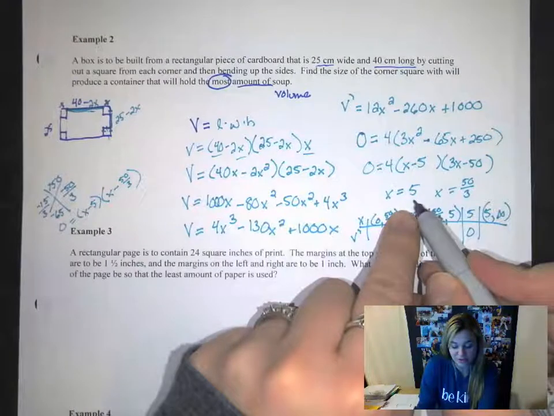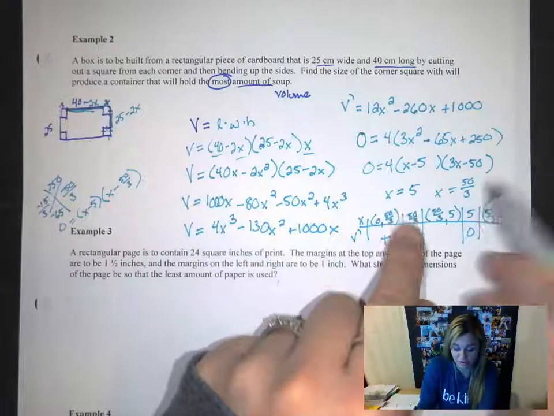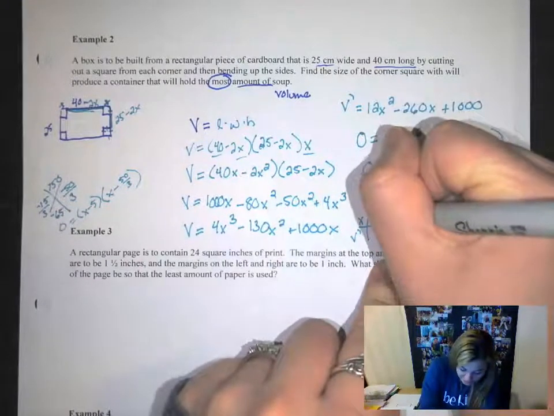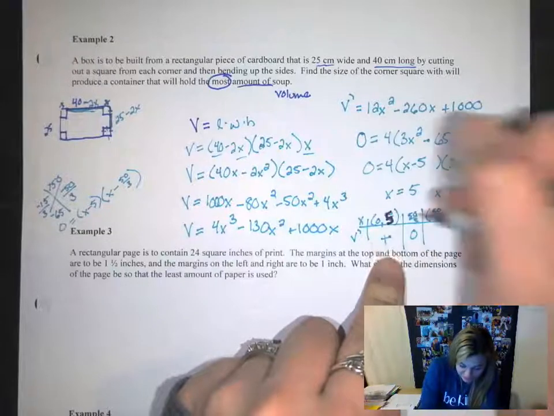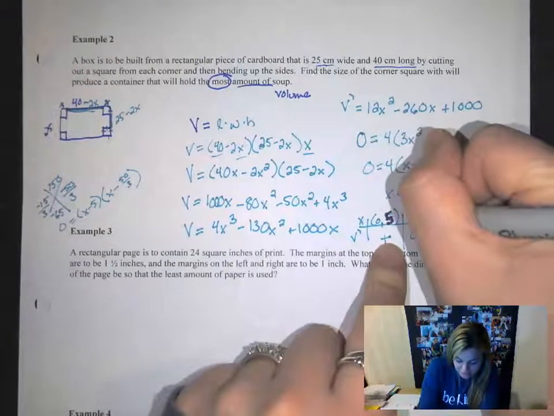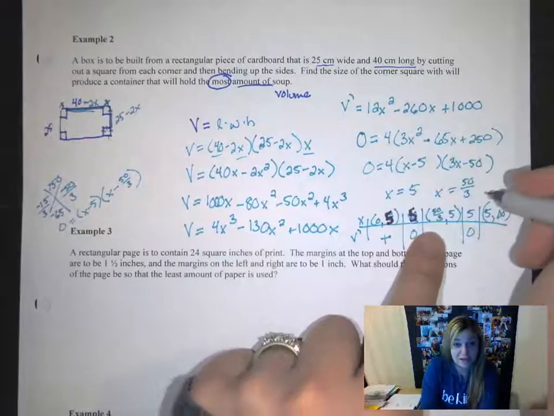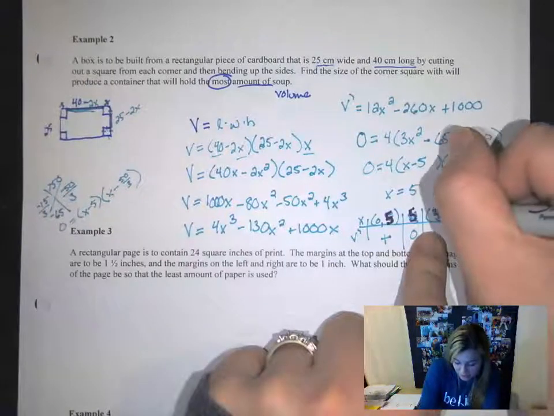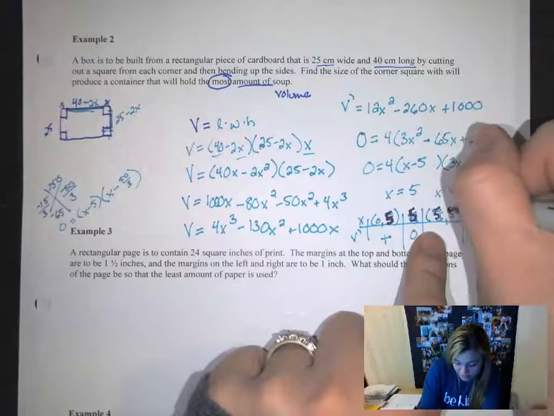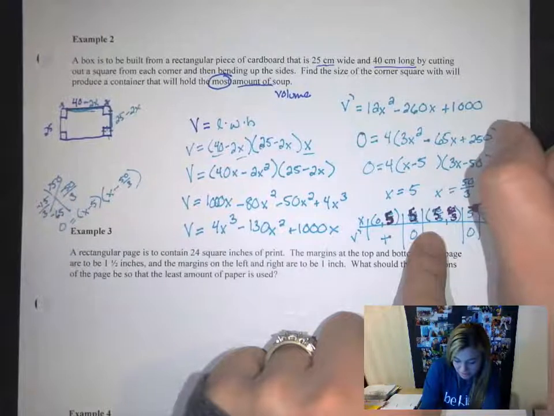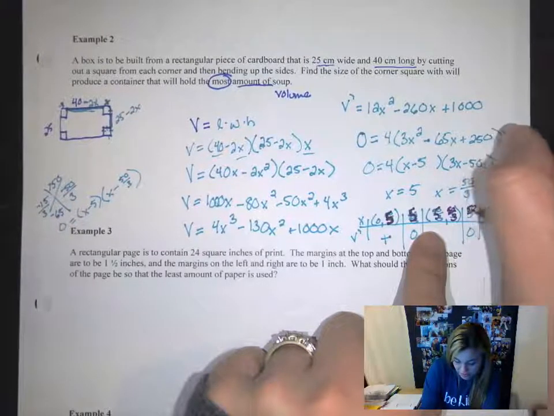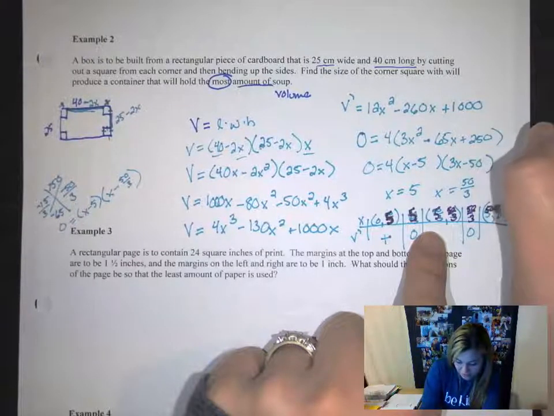I've got x is equal to 5 and x is equal to 50 over 3. So I messed this up the first time. 50 over 3 is going to be like 16 point something. So I put these in the wrong order on my chart, but hopefully it just skipped that part of the video for you. This would be 5 to 50 over 3.